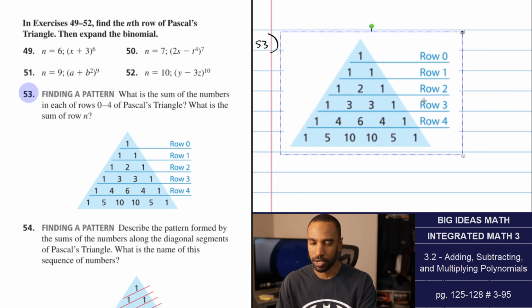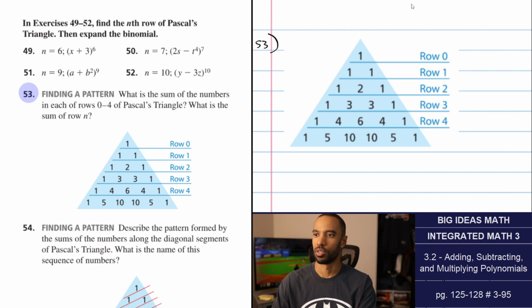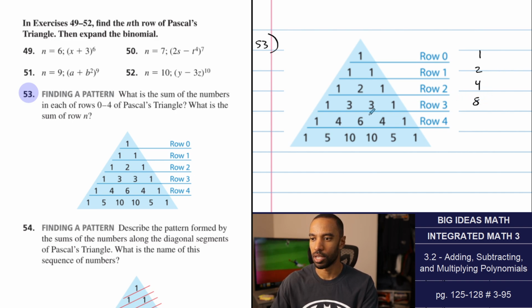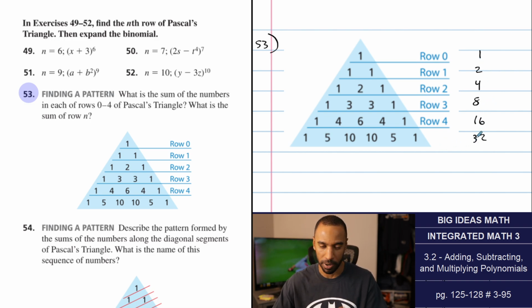But, okay, in row 0 the sum here is 1, and 1 plus 1 here is 2. And 1 plus 2 plus 1 is 4, 1 plus 3 plus 3 plus 1 is 8, then 16, 32. So you have these rows here. They said 0 through 4, but I got row 5. What is the sum of row n?